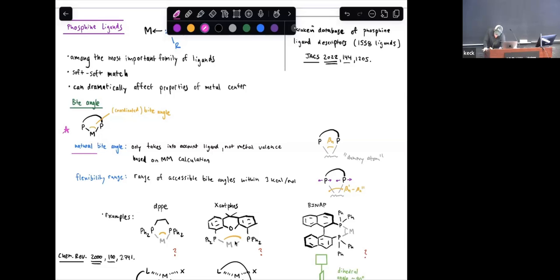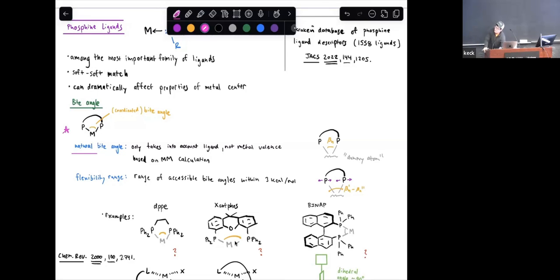Coordinated bite angle is kind of less useful as a ligand parameter because what you normally observe empirically is governed by the metal valence. So if you look at a whole series of bisphosphines and you coordinate them to square planar palladium-2 d8 metal, it will hover very closely around 90 degrees. Why?